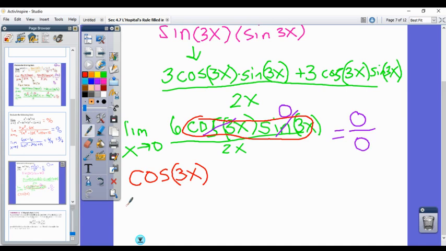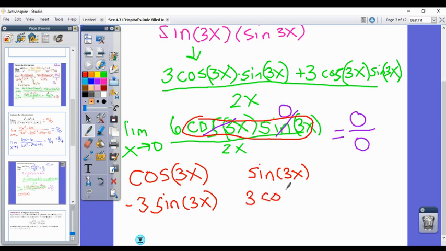So we're going to end up with negative 3 sine 3x, okay? And then when we're looking at the derivative of sine 3x, that is going to be 3 cosine 3x, okay? All right, so now we can apply the product rule.